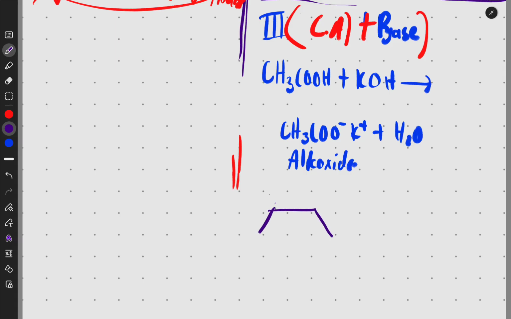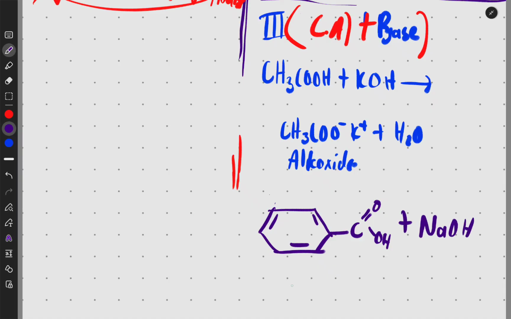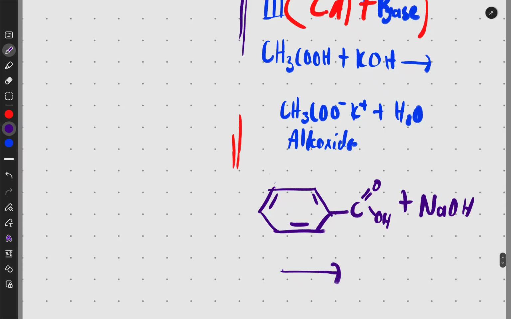So if we put our benzoic acid, which we were just looking at, here's our benzoic acid. This is going to be COOH, okay? And now what happens here is if you add NaOH, we are just going to get an alkoxide. Here, the double bond is not touched, okay?